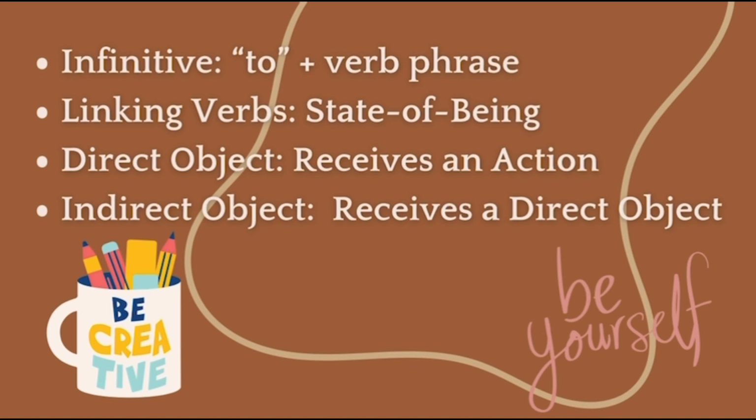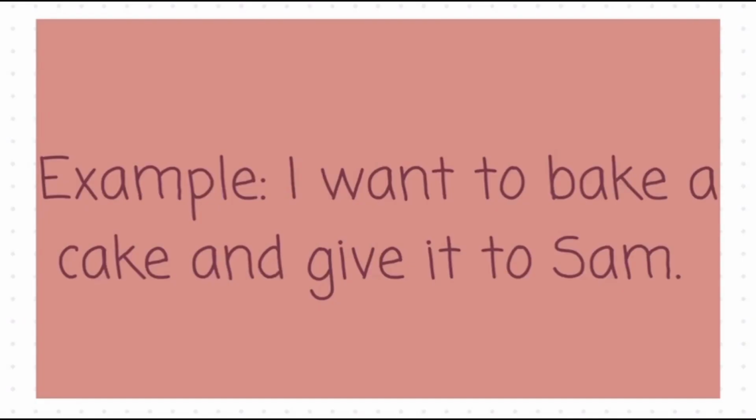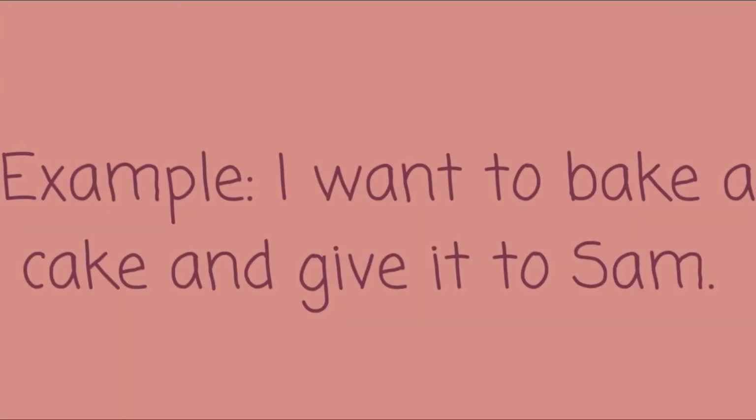So let's look at another example. I want to bake a cake and give it to Sam. Let's actually start by looking at our prepositional phrases here. So we have two twos. We have to bake and we have to Sam.